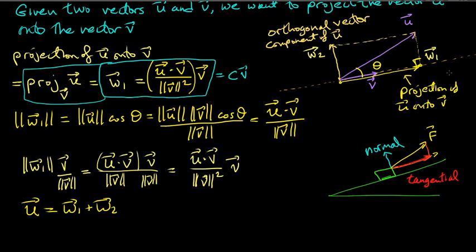Right. Well, we already know what W1 is. That's what we just derived. This quantity right here is W1. So we're given U, we can find W1, and now we can find W2 just by subtracting, right? So W2 is really just the vector U minus W1.